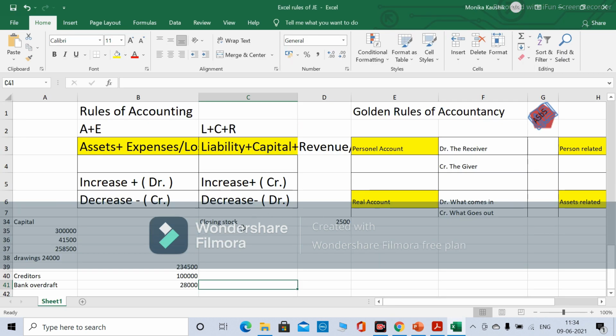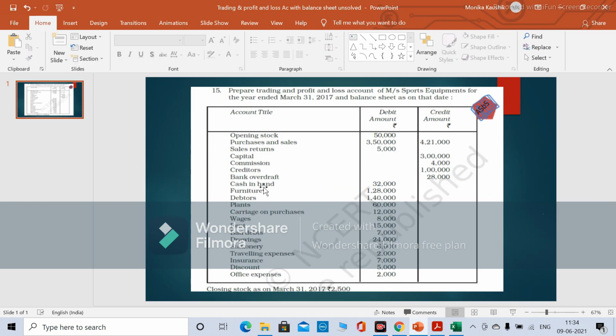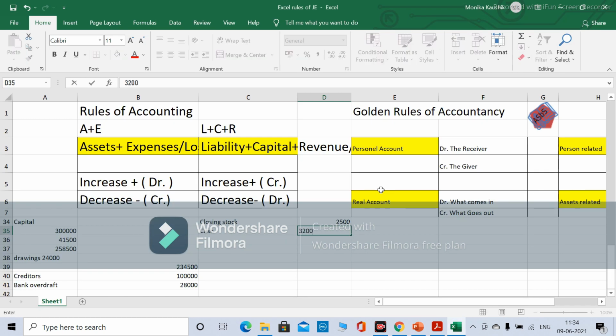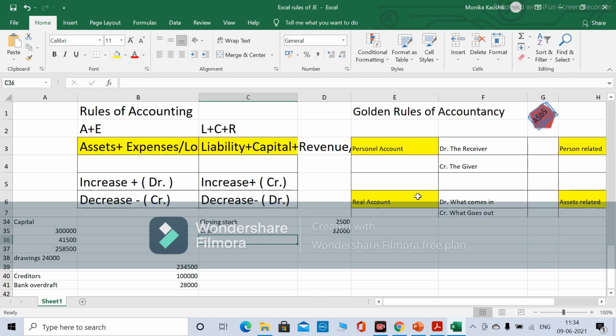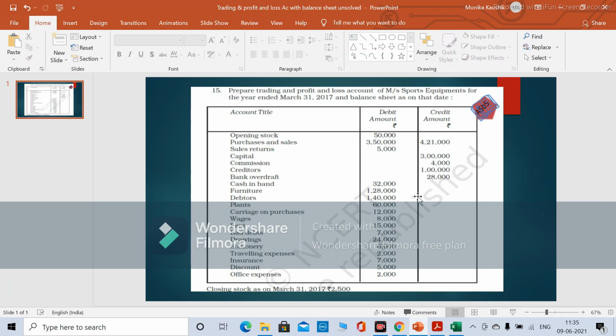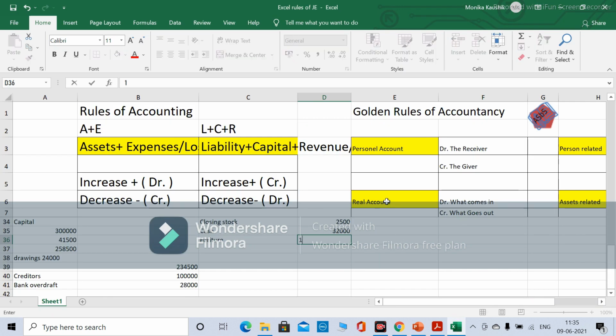Cash in hand 32,000. This is my asset, current assets, 32,000. Now furniture. Furniture is a fixed asset, 1,28,000.